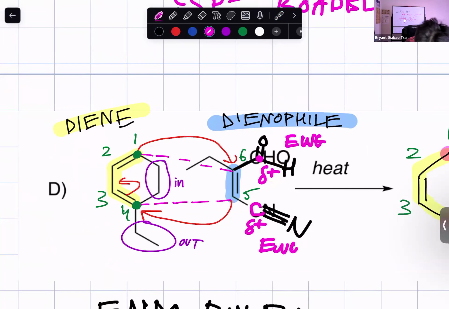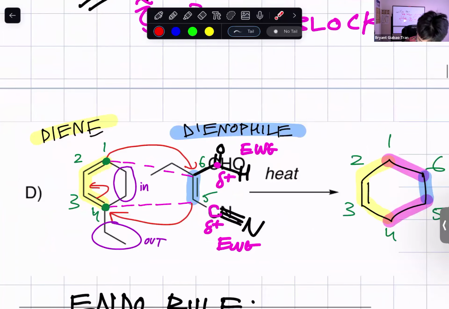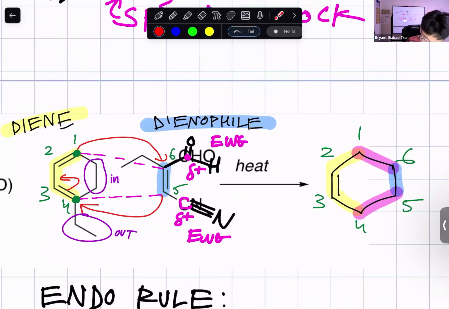Two EWGs, which means that we're going to get two different sets of enantiomers, right? So what I mean by that is, for the first set of enantiomers, let's consider the aldehyde as the EWG, right?